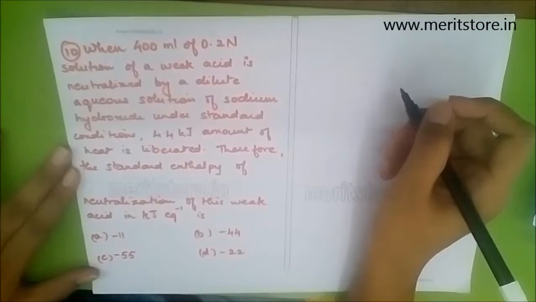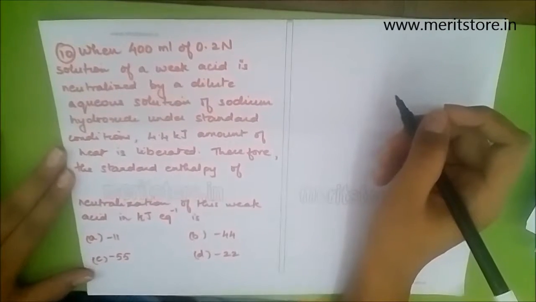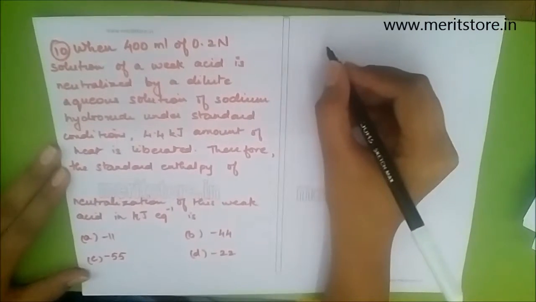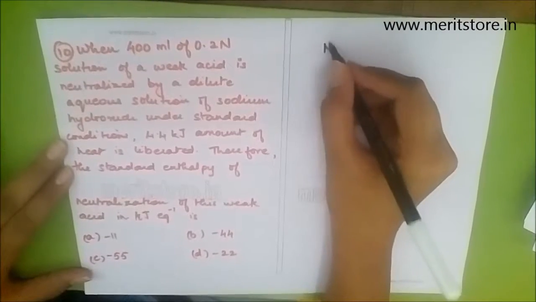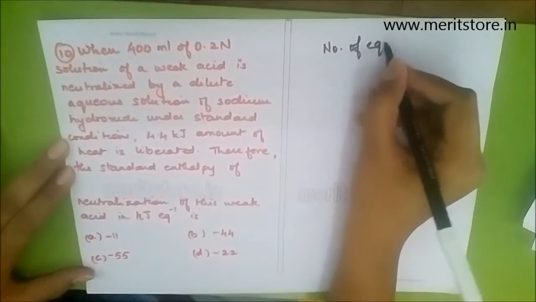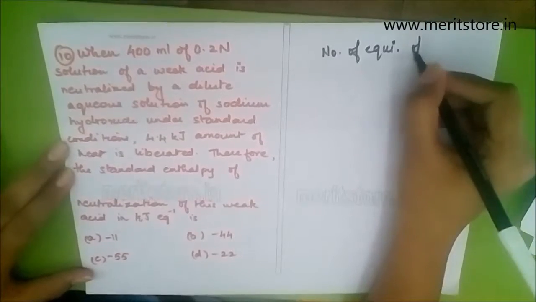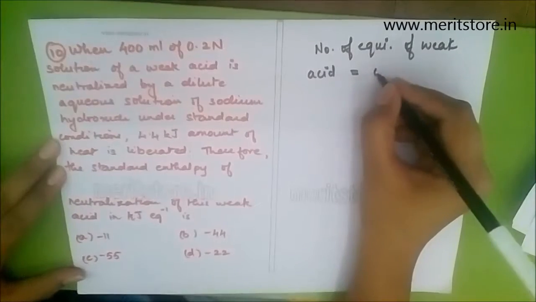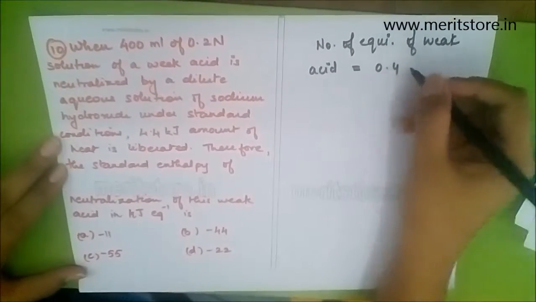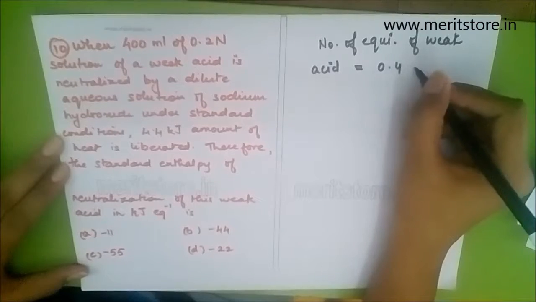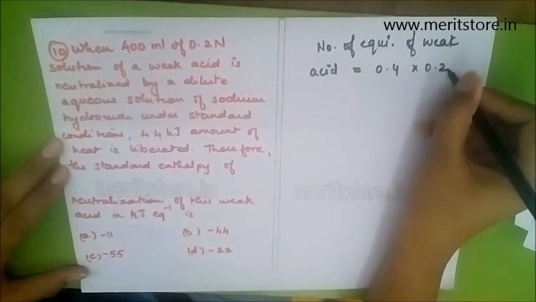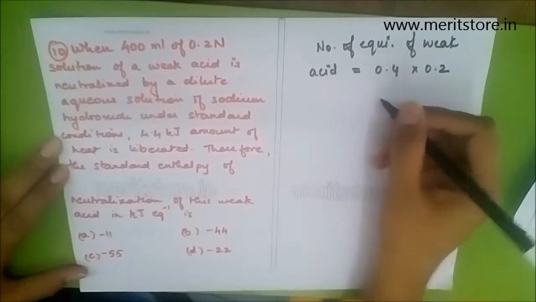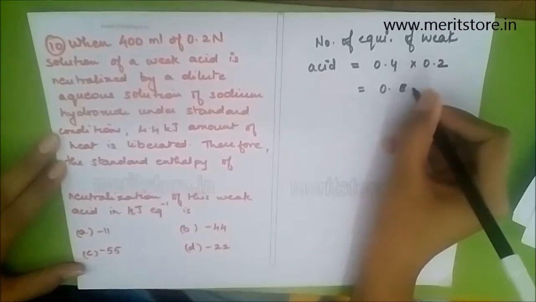Therefore, the standard enthalpy of neutralization of this weak acid in kilojoules per equivalent is given by, now here, the number of equivalents of the weak acid is given by the multiplication of 0.4 into 0.2, that is 0.2 normal, and the volume given, which gives the answer of 0.08.